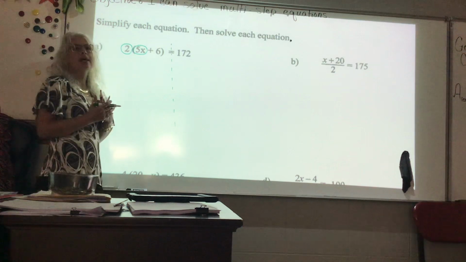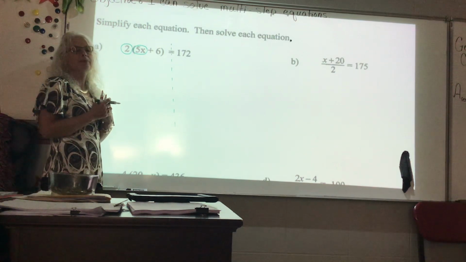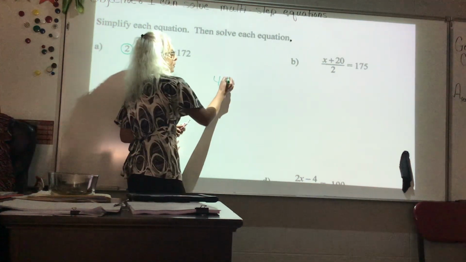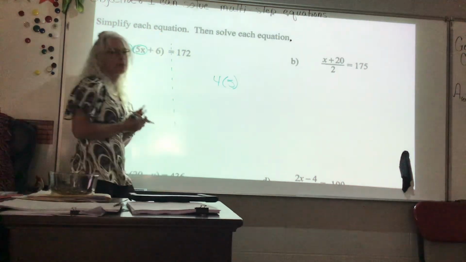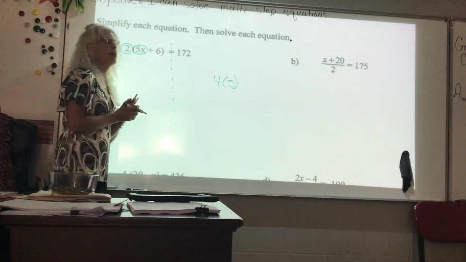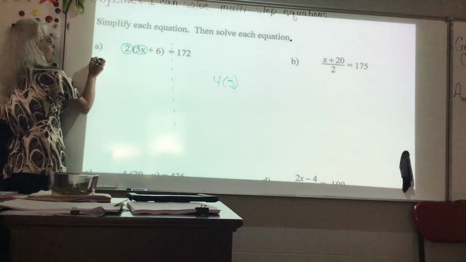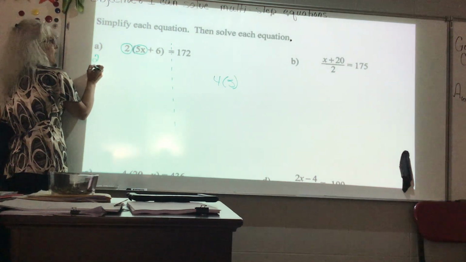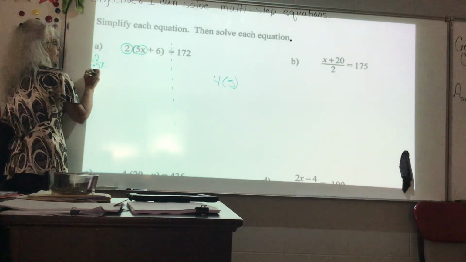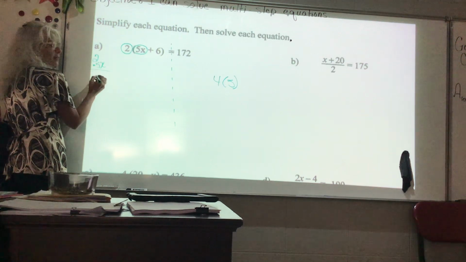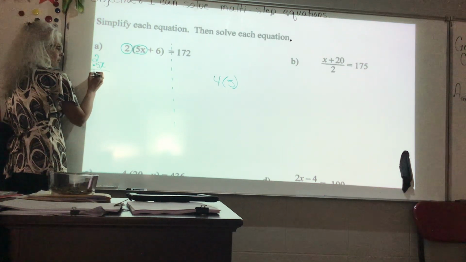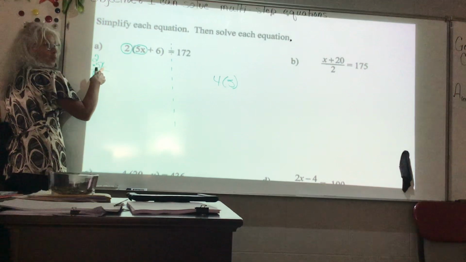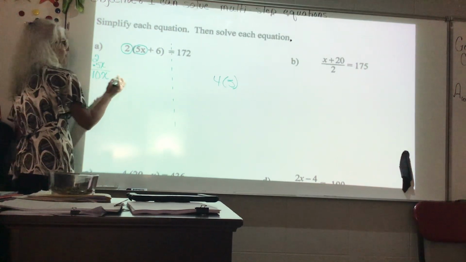Now, when you have a number and a number inside of parentheses, what type of math problem is that? Multiply. So over here by the margin, you're going to do 2 times 5x. And then 2 times 5 is? 10. And we have an x, so we're going to bring it with it.